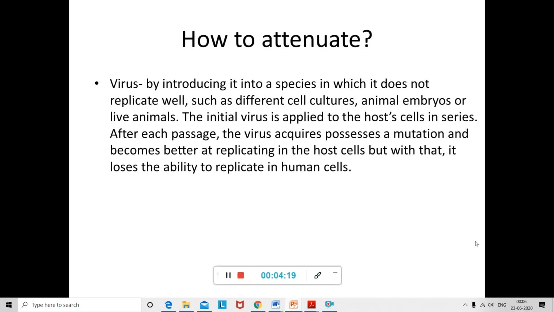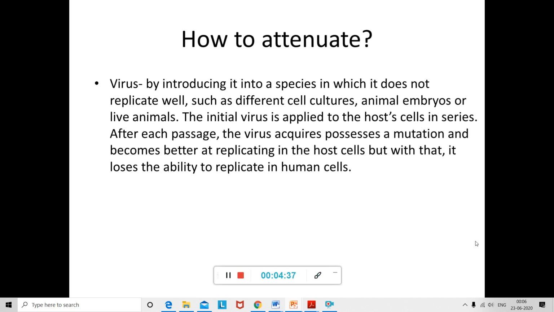Now, how to attenuate? We had already mentioned it in the case of bacteria. In the case of virus, you can do this by introducing it into a species in which it does not replicate well, such as a different cell culture, an animal embryo, or a live animal in which the virus cannot multiply rapidly.